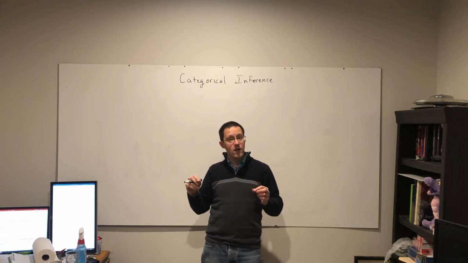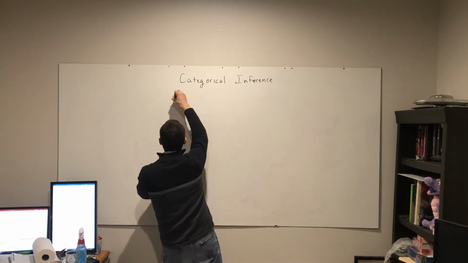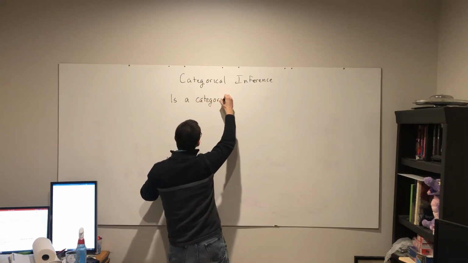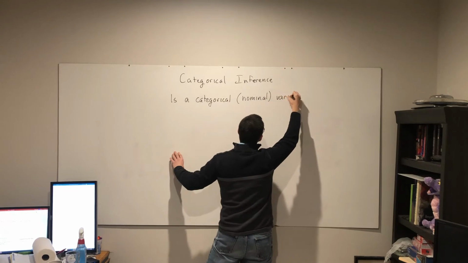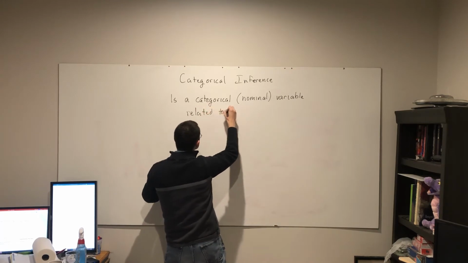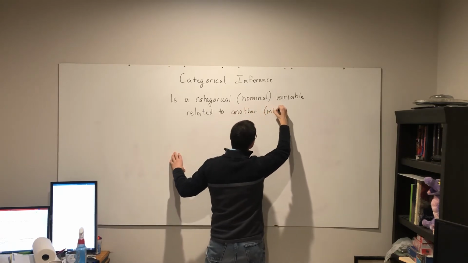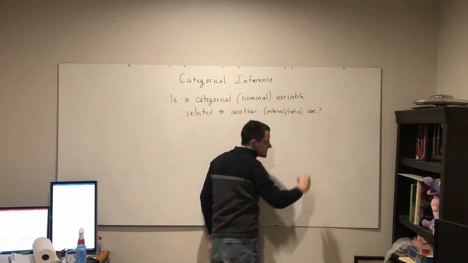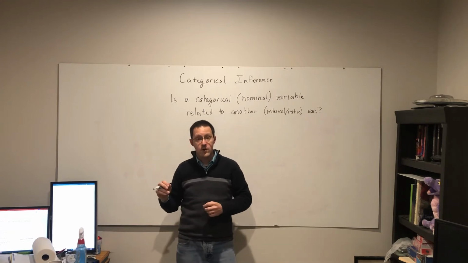What we're looking for right now is the relationship between a categorical variable and, in the examples here, we're relating it to a continuous variable, interval or ratio.